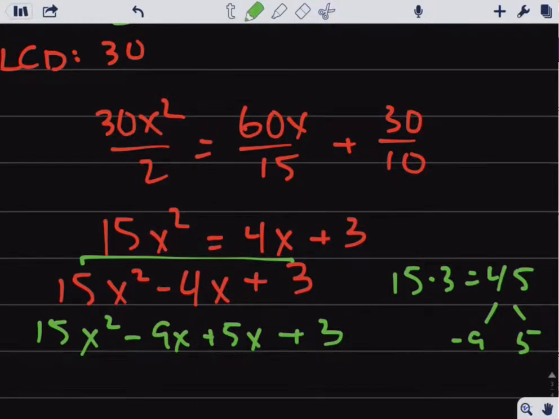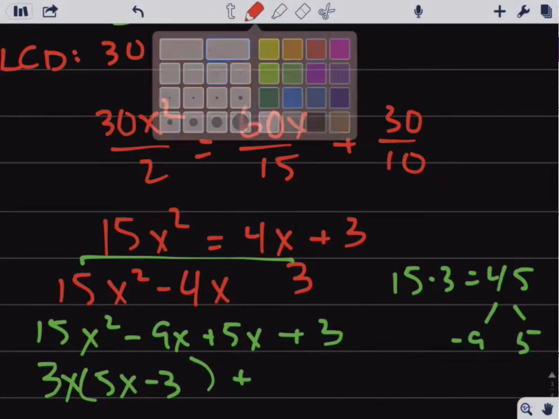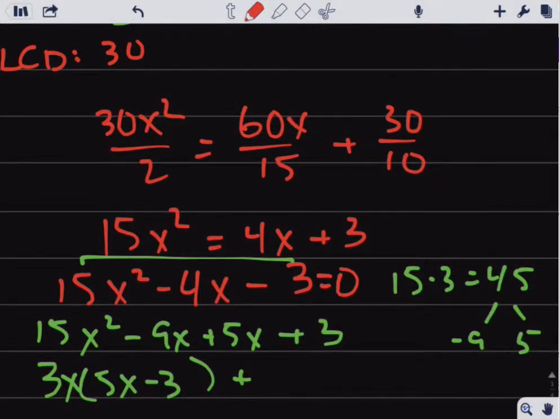Okay, so looking here, my GCF is 3x. And then what do I have left over? I have 5x minus 3. And then this right here should be minus 3, and that equals 0.